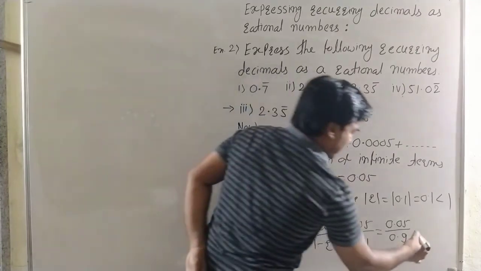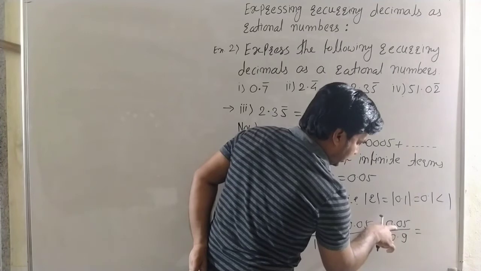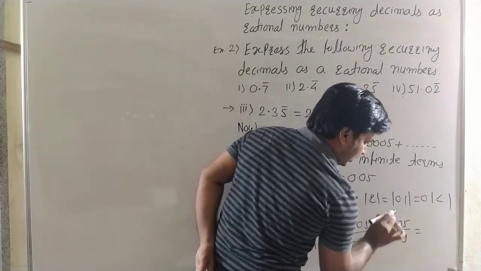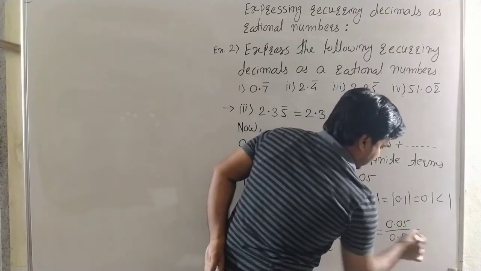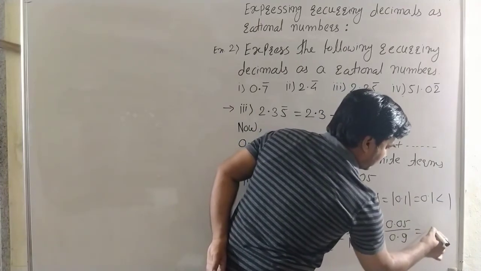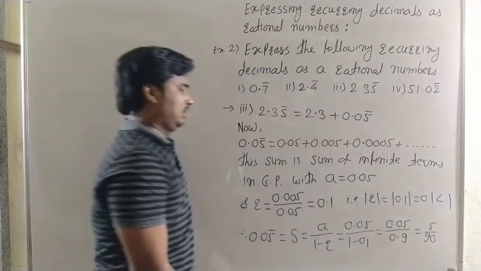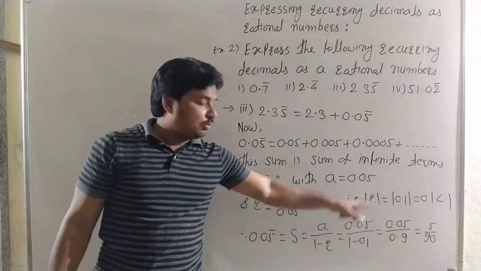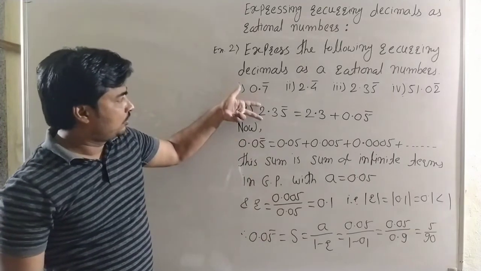See carefully, after the decimal point it is 1 digit here, and here it is 2 digits. Now here it is 5 upon 90. It is the sum of this term.